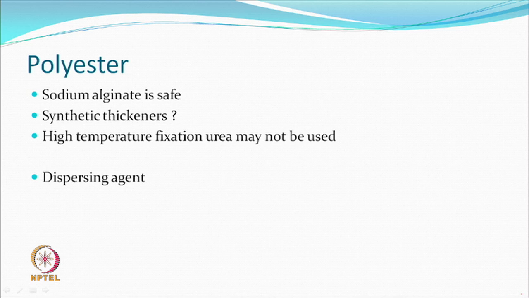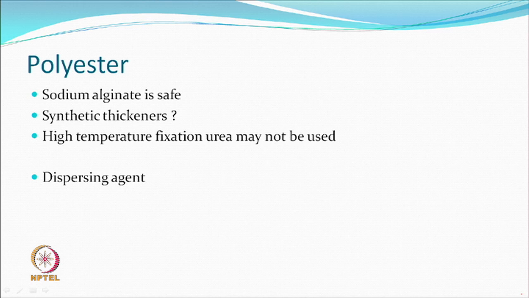Polyester, theoretically anything can be used as long as you are quite sure it is going to be washed. Generally the pH is safe, so synthetic thickeners can also be used as long as you are able to control their viscosity. Because you are going to be using high temperatures, and because of urea vapors going here and there, you may use or may not use urea at all, or use very little.